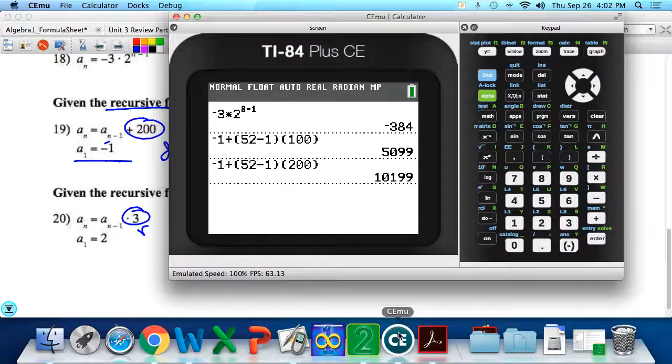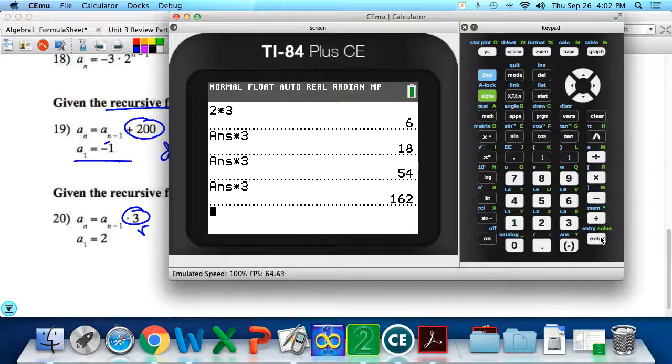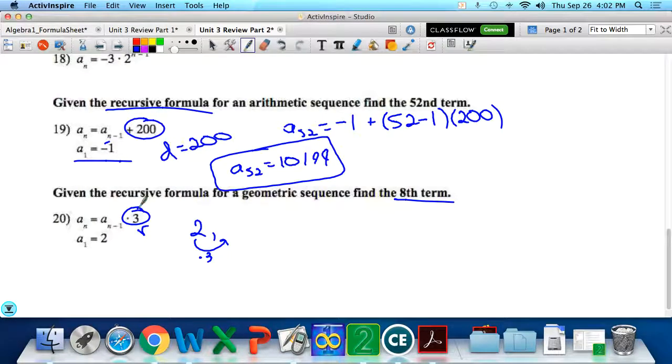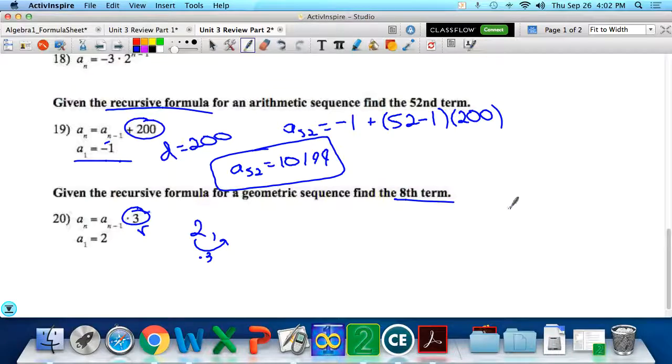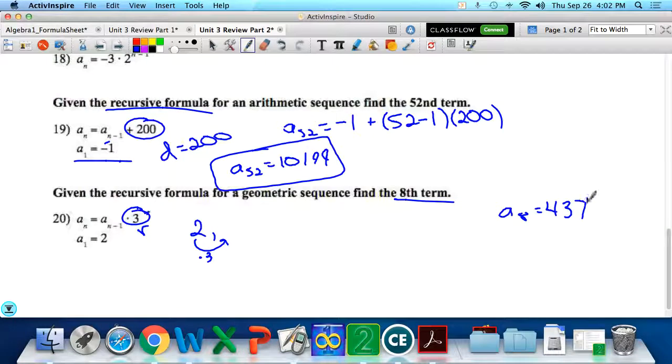So this one is one you could do in the calculator. 2 times 3, it's my second term, third term, 4th, 5th, 6th, 7th, 8th. Again, just finding the 8th term is very doable by just hammering out the long way, using our calculator version of the recursive formula. And we find that a sub 8 equals 4,374.